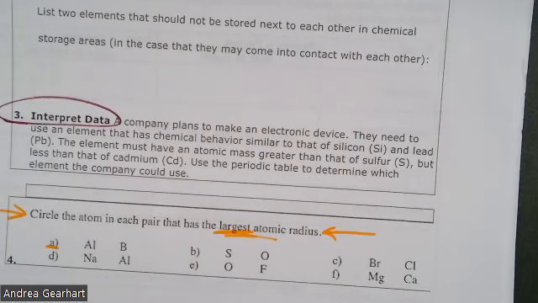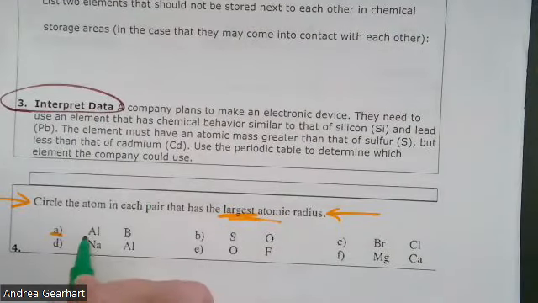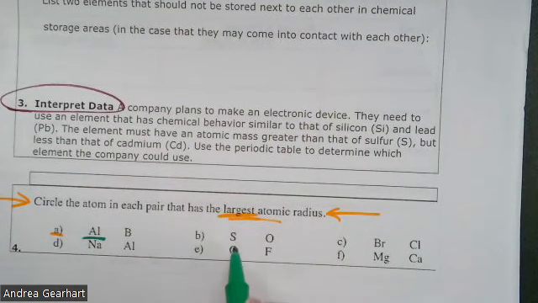All right. A, aluminum. B, sulfur. C, bromine. D, sodium. E, oxygen. F, calcium.